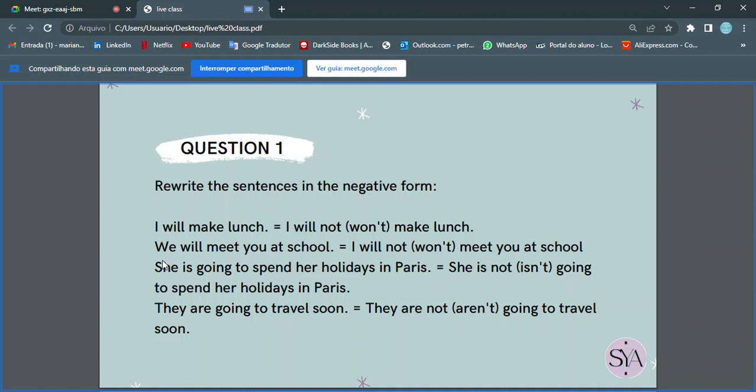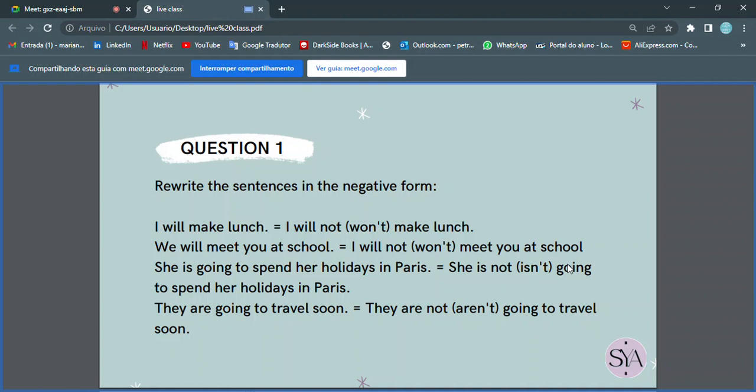But in the sentence with going to, we see the subject, the to be verb, and going to. So in the negative form, we just have to add the not between the to be verb and the expression going to. So that's the difference between these two future forms, right?